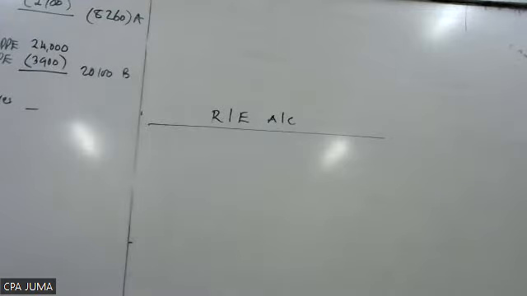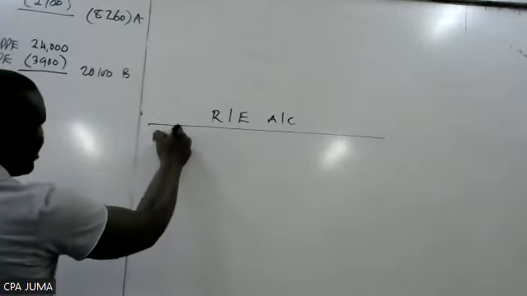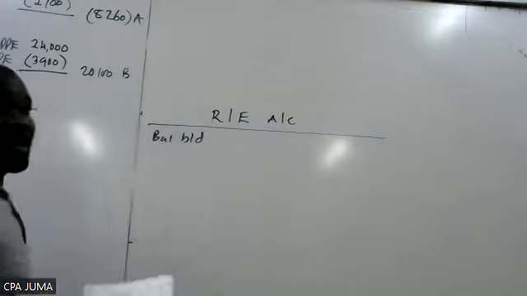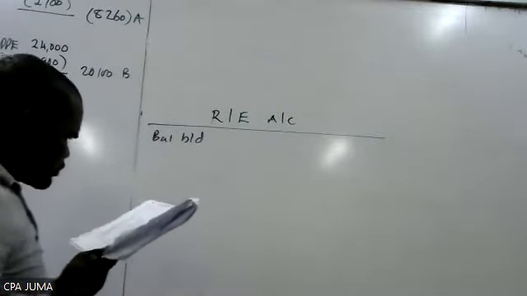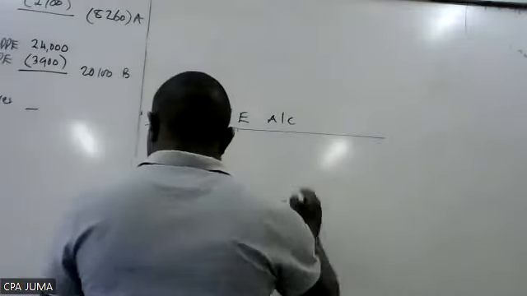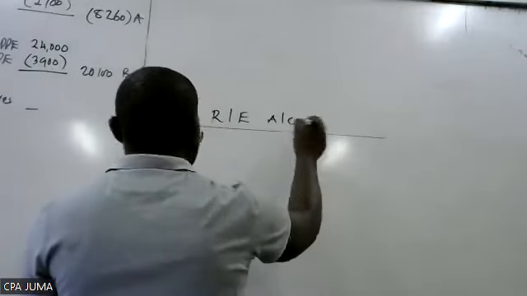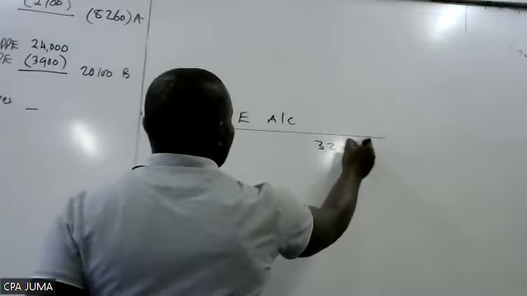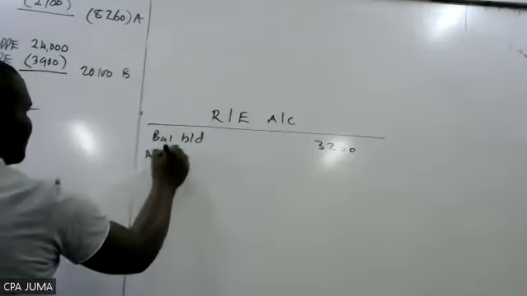So balance brought down. How much was the retained earnings at the beginning? 32. What about profit for the year?